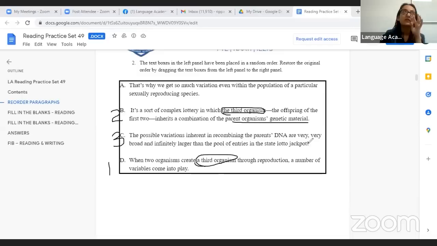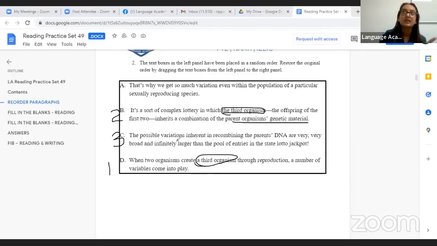So they say that when the genes of two different individuals combine, so many variations are possible that they have compared it to the entries in the lotto jackpot. Consider how many people in one state go buy that lotto ticket. The number of those tickets is even less than the number of variations that two genes can have.